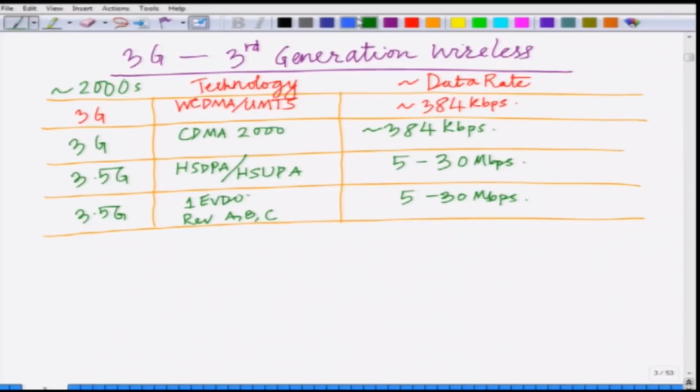And let us again look at the different acronyms. We've already seen CDMA stands for Code Division for Multiple Access, and WCDMA, which is closely related to CDMA, stands for Wideband CDMA, or Wideband Code Division for Multiple Access.